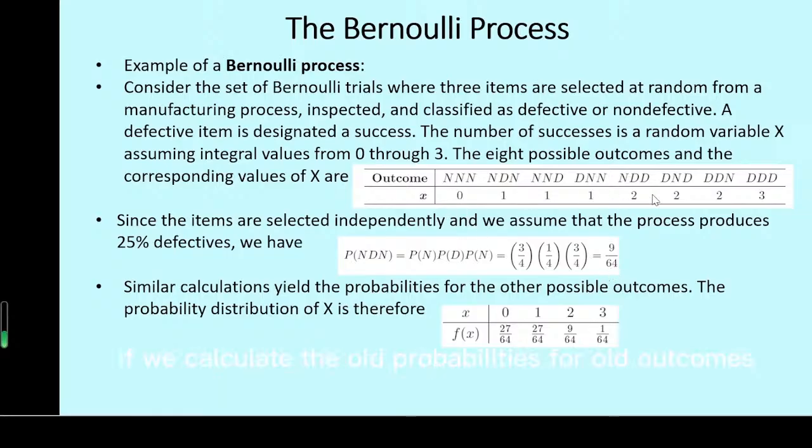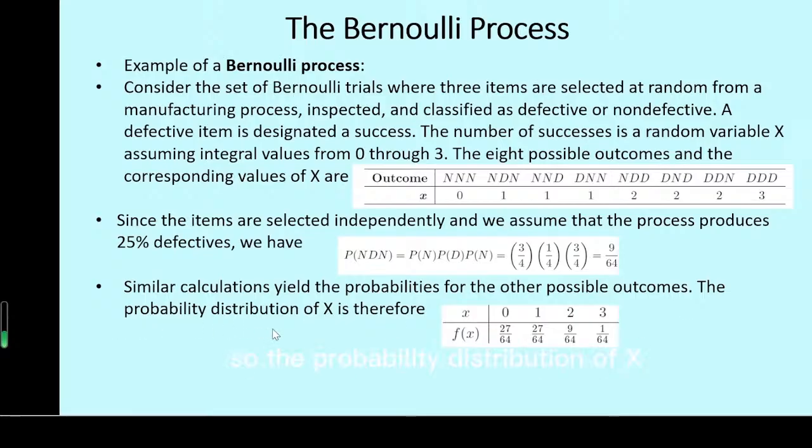If we calculate the probabilities for all outcomes and sum them together, we will get 1 for all possible outcomes. So this is clear, right? Because only one of these 8 outcomes will occur, right? And similar calculations will yield the probabilities for the other possible outcomes.